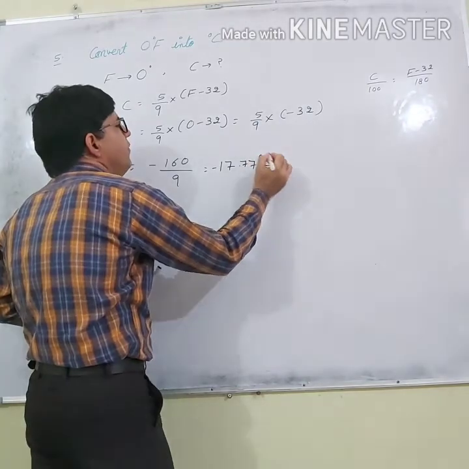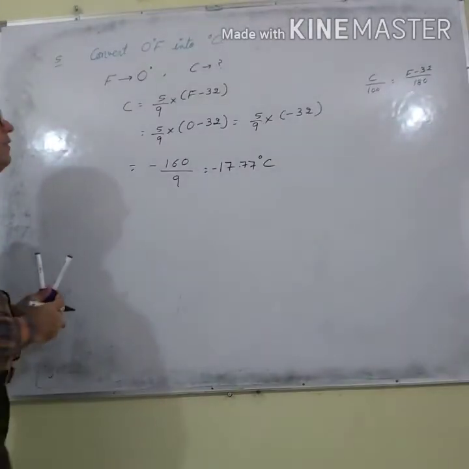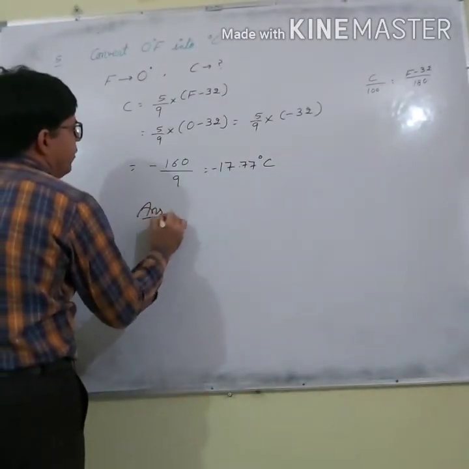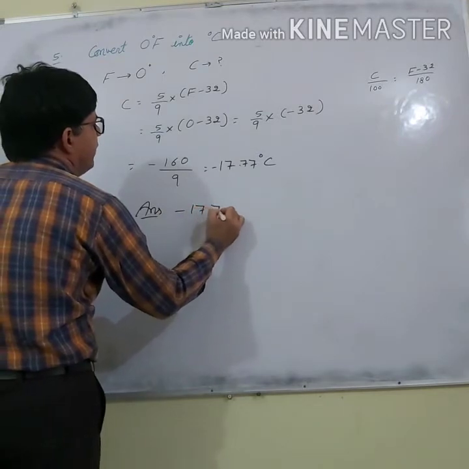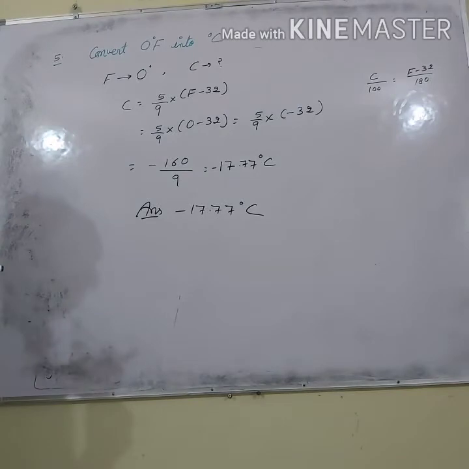So minus 17.77 degrees Celsius. So I can say my answer is minus 17.77 degree Celsius. So let us do more questions.